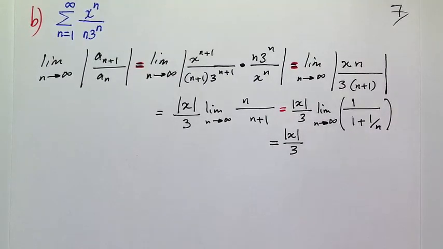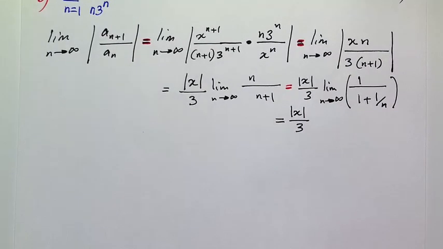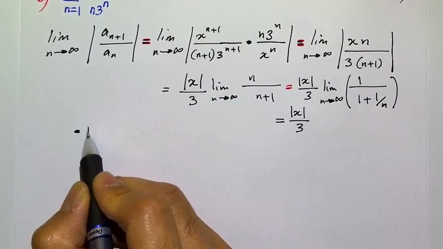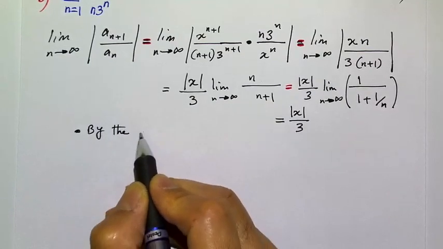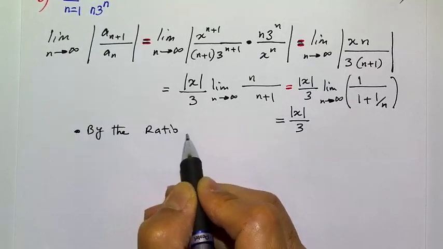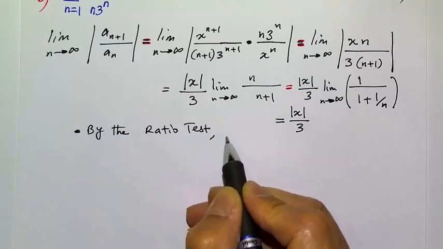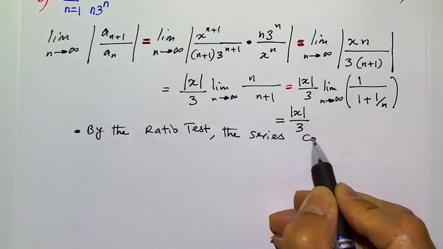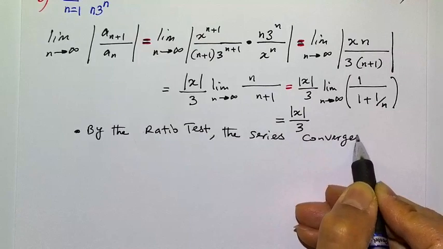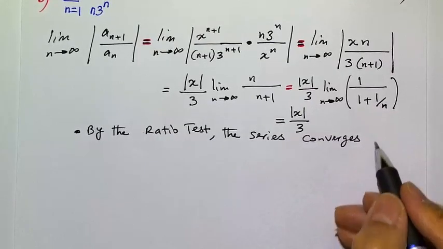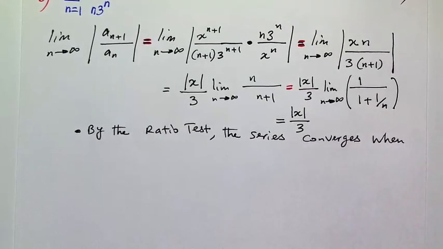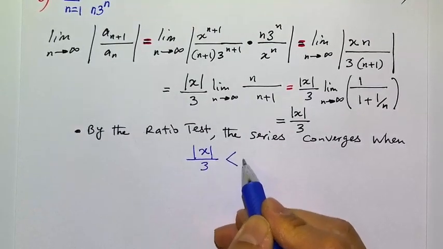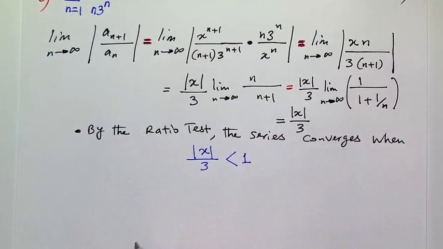So what have we done? We've used the ratio test to determine the radius of convergence. So the series converges when absolute value of x over 3 is less than 1, right?